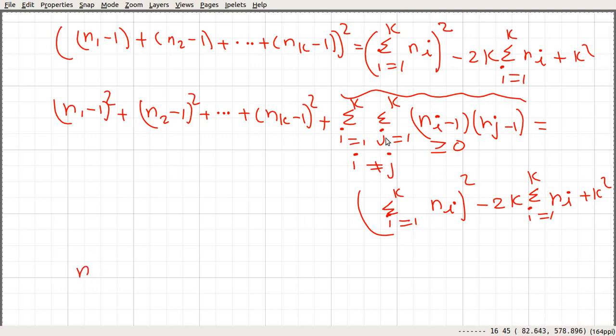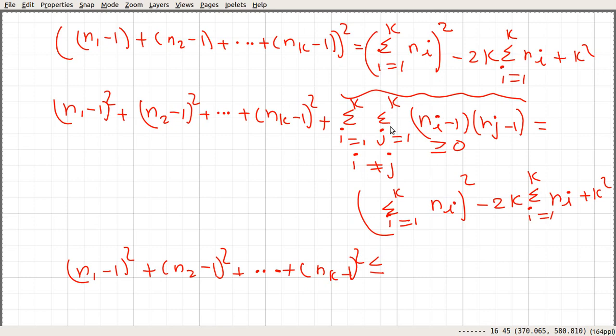So if you drop this one, we will get n1 minus 1 squared plus n2 minus 1 squared plus up to nk minus 1 squared is less than or equal to. So here we are dropping this positive quantity. This is always greater than or equal to 0.